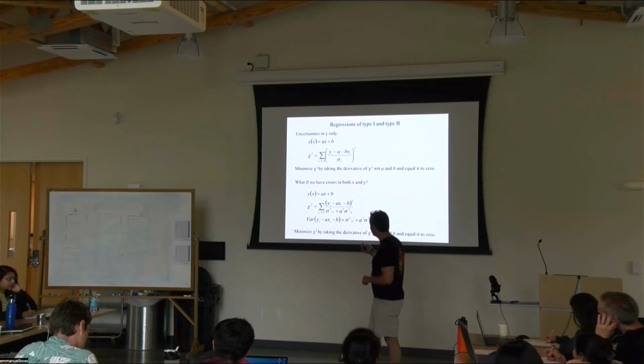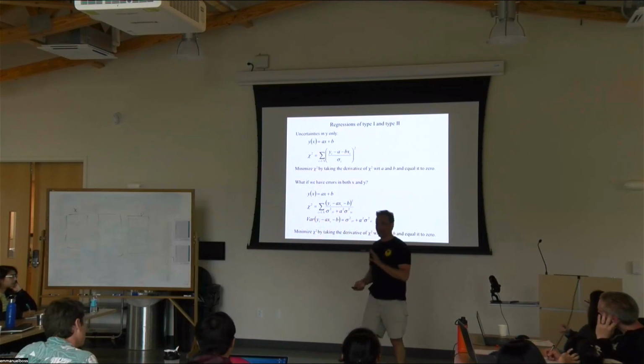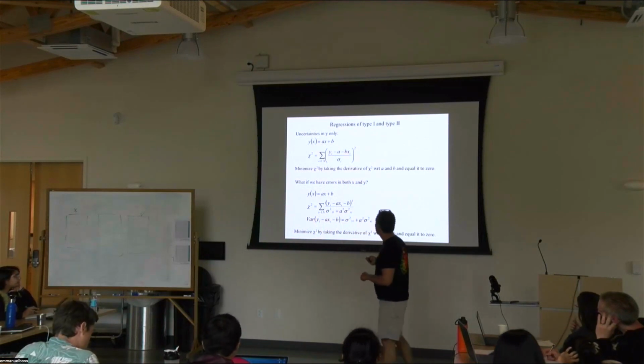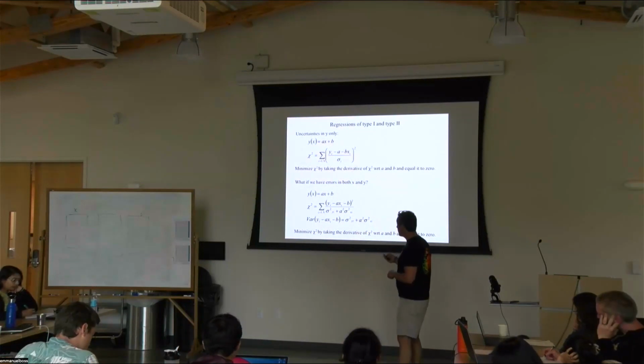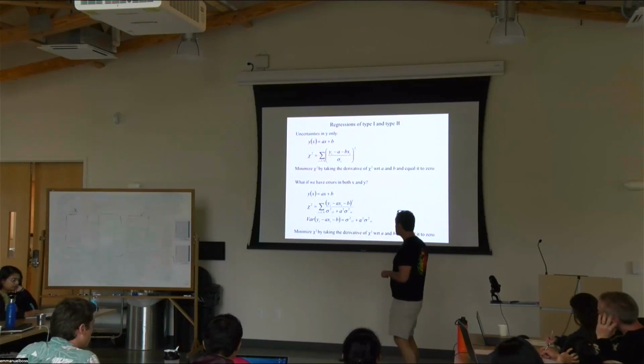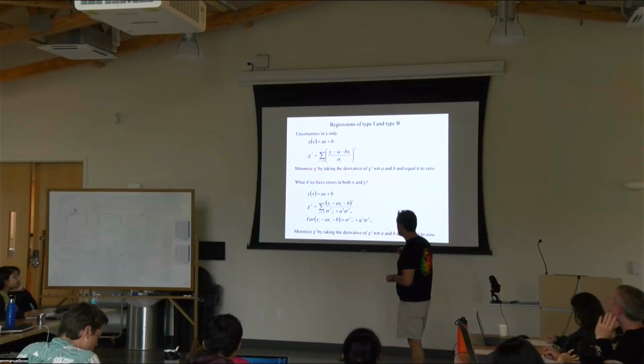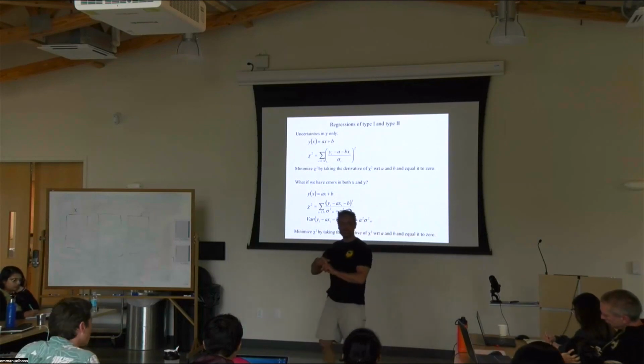Although in this case you can solve another way. There's one case where you can get this. But if you have errors in both x and y, now you're changing the way you're doing it. Now I have an error here and an error here. This is not anymore the same as this. And you're going to get a different line to take into account.